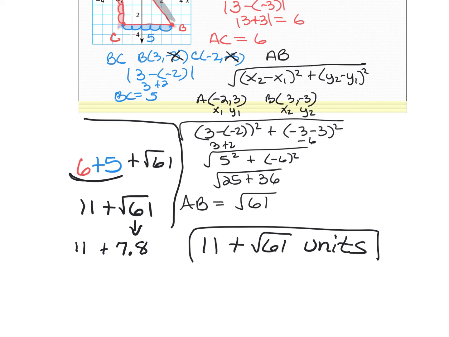Then I could add that to the 11, and the perimeter rounded to the tenths place is 18.8 units. So keep in mind, if it lets you use a calculator, you're going to evaluate that square root. But we will not, so we would leave it as a square root.